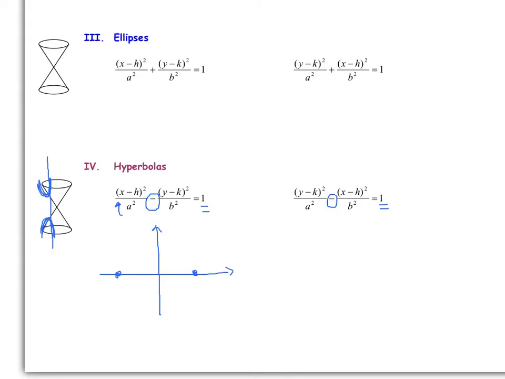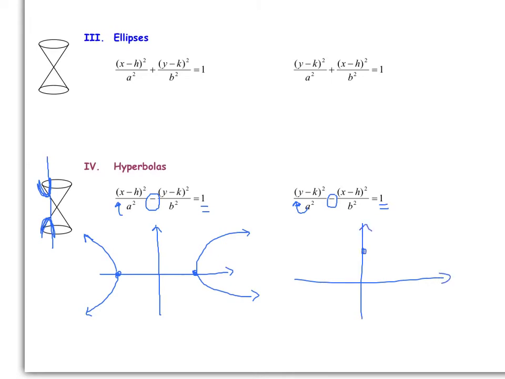So it would be opening this way and this way. So whichever the bigger number is, if the bigger number is under your x value, then it's going to open horizontally. If the bigger number is under the y value, then it's going to open vertically.